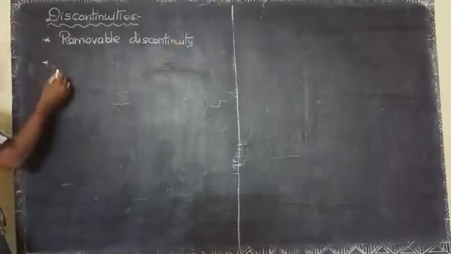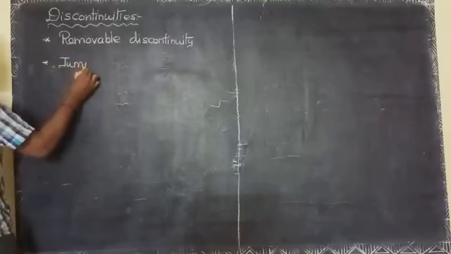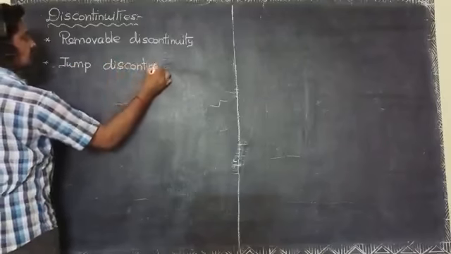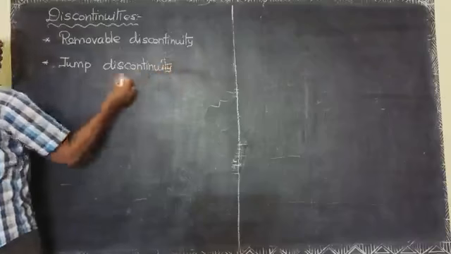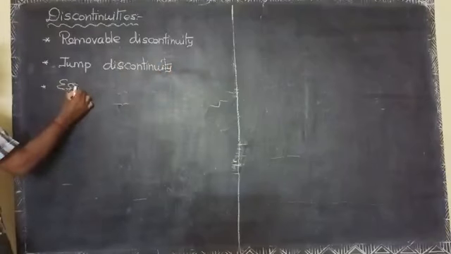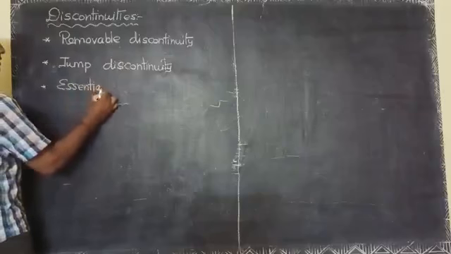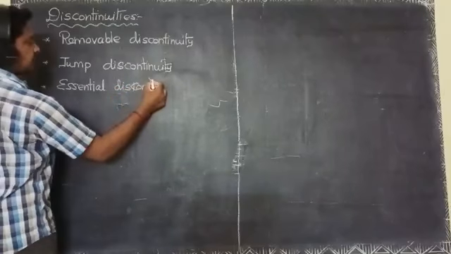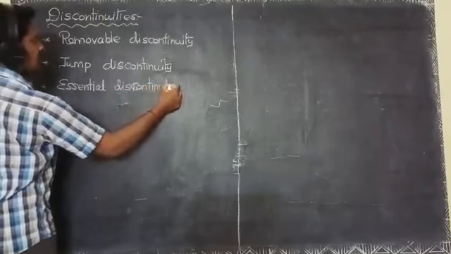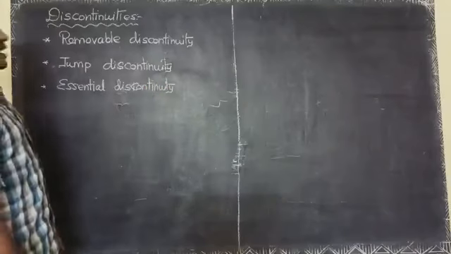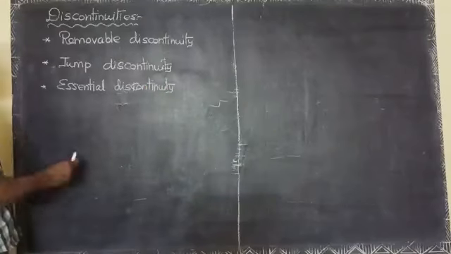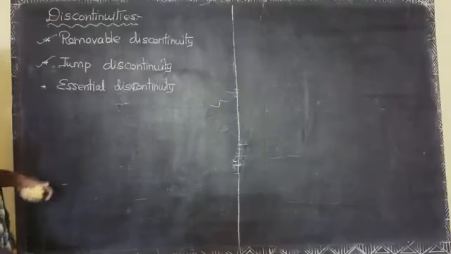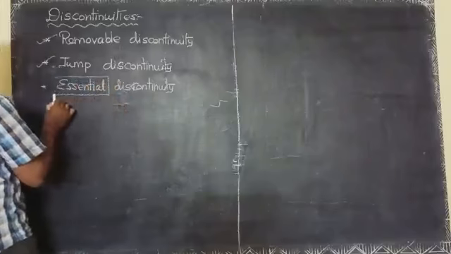Second one, jump discontinuity. The third one, essential discontinuity. In this standard, we are learning only two discontinuities: one is removable, another one is jump. We will learn essential discontinuity in higher classes.